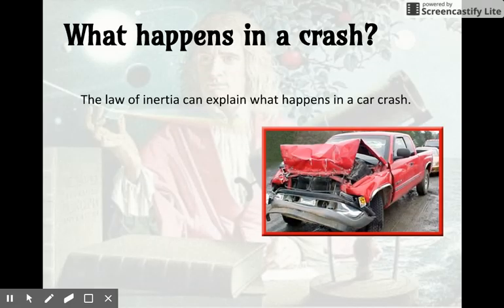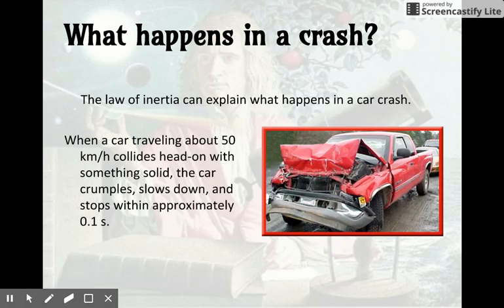So we can apply Newton's first law to car crashes. If we're talking about a car crash and the importance of wearing a seatbelt, when you're traveling down the road at, let's say, 50 kilometers per hour or 50 miles per hour, and you collide head on with something solid, the car slows down and stops within about 0.1 seconds, a very small time period. But you have to remember, your body is also moving at 50 kilometers per hour or 50 miles per hour down the road with the car.